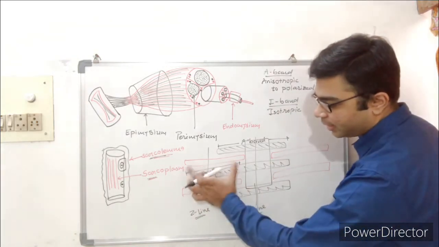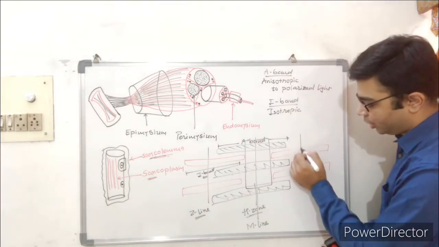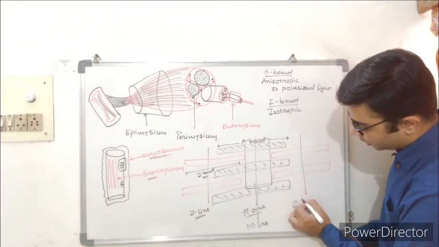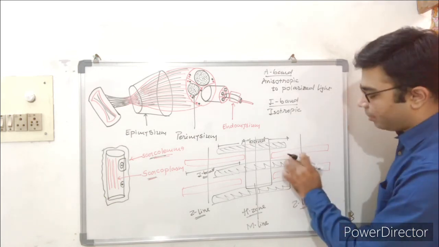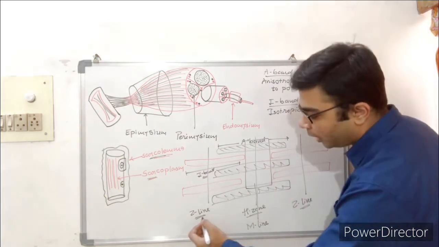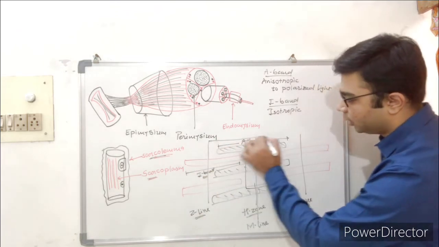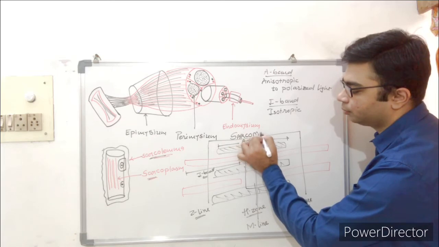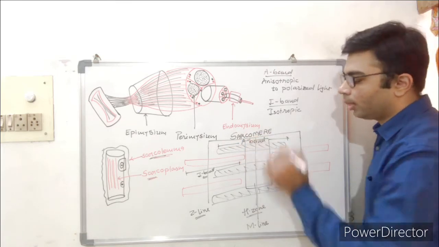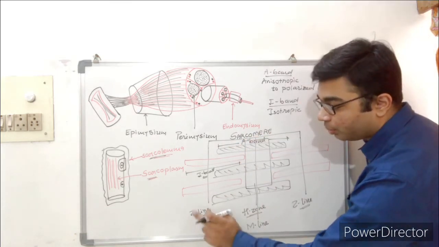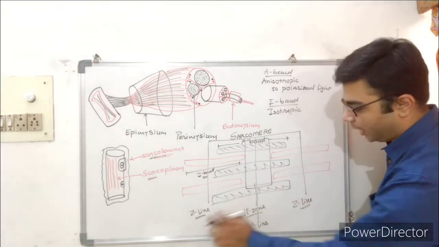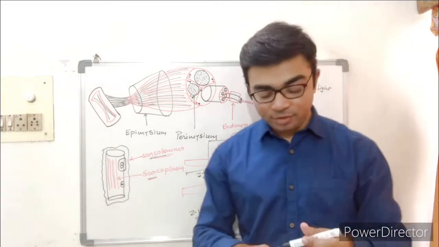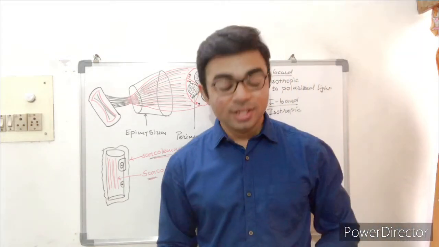The Z line is exactly in the center of the I band. Let me draw it over here. Z line divides the I band into two equal portions. The area between the two Z lines, this much area, is known as a sarcomere. Repeat with me: the area between two Z lines is known as a sarcomere, which is the structural and functional unit of a skeletal muscle.